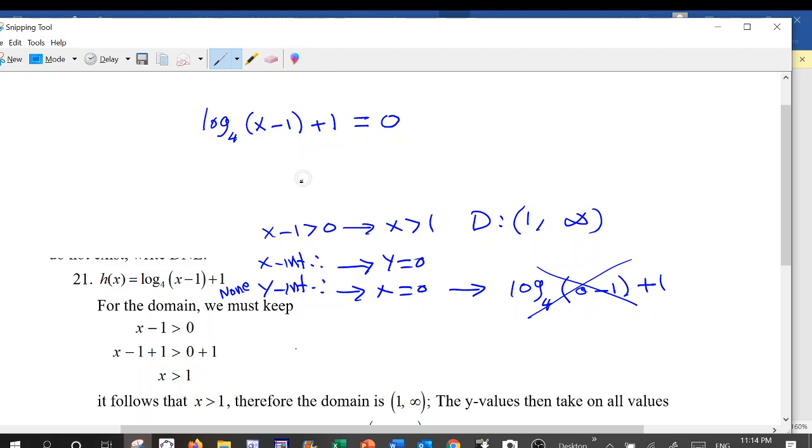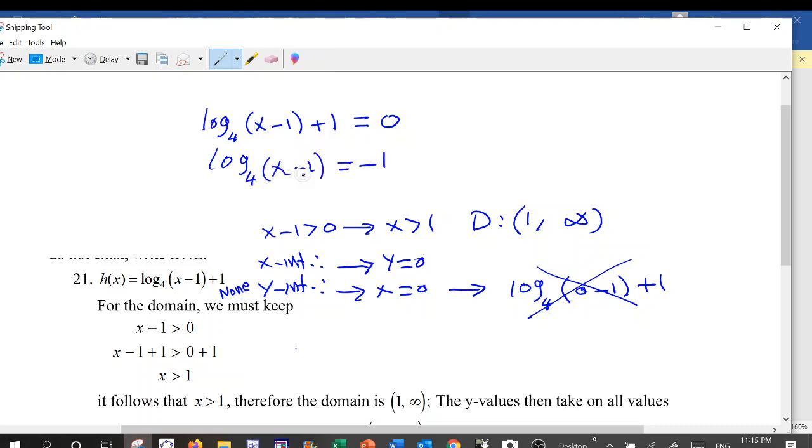Now to solve this equation, which is going to be a whole section, we're going to talk about it, but for now, just isolate log base 4. So log base 4 of x minus 1 equals -1.